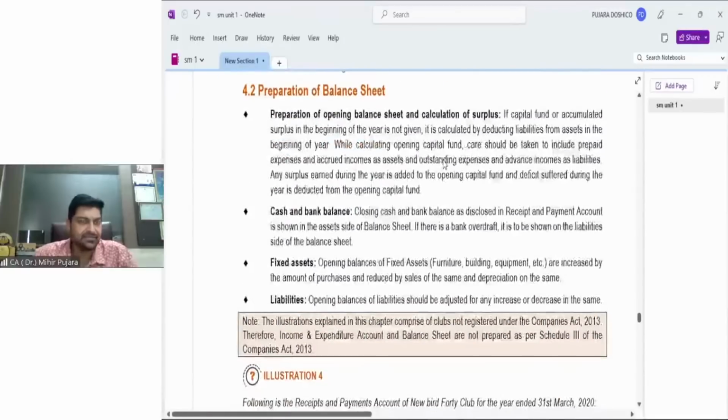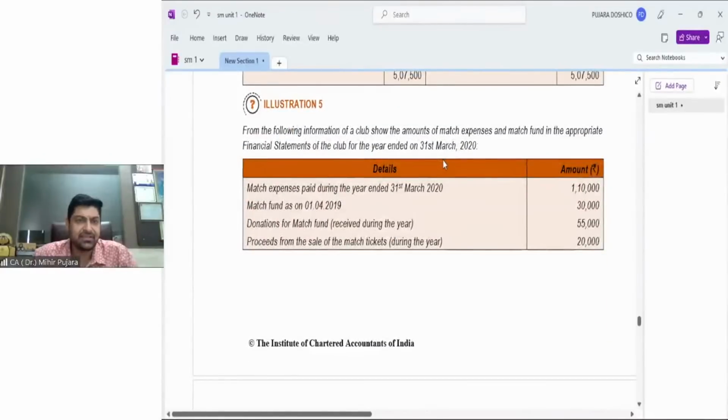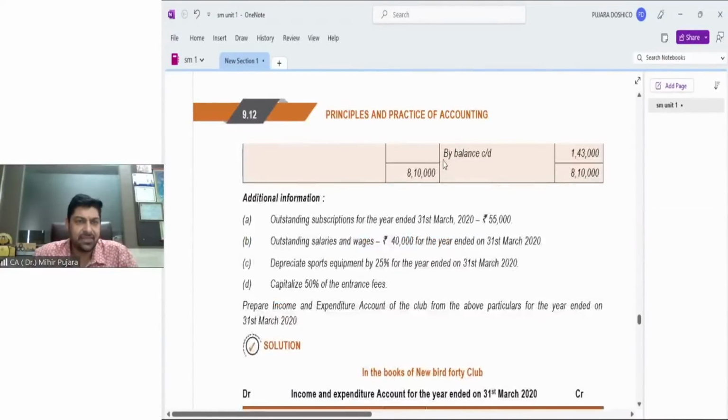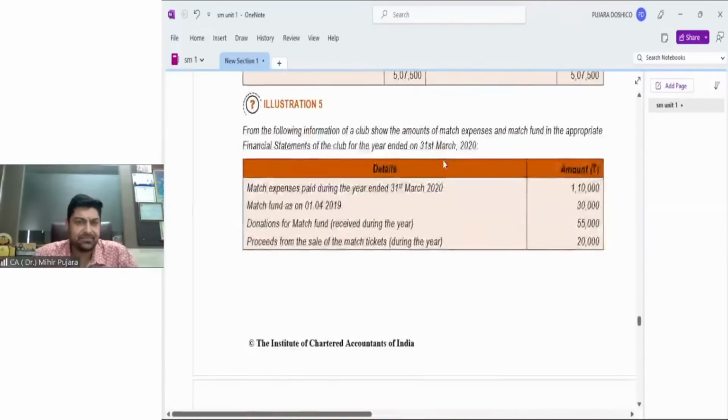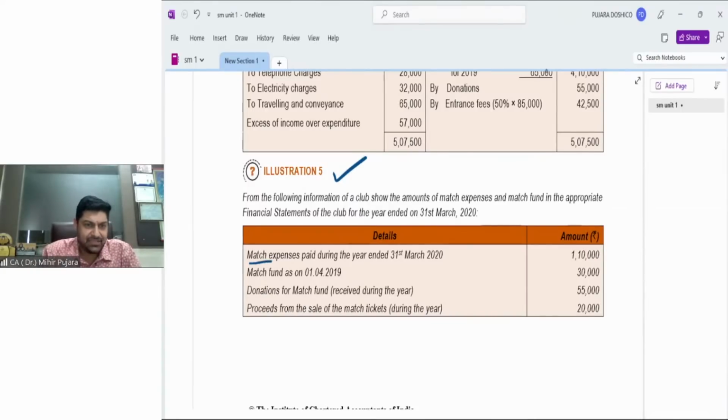Then guys, before starting a question of this big question, now friend, see, this is a small question. So what information are you given? This is match expenses. This is donation for match fund. And proceeds from sale of match ticket.